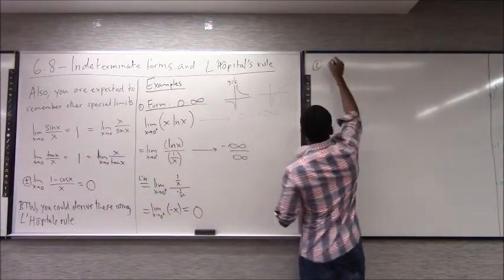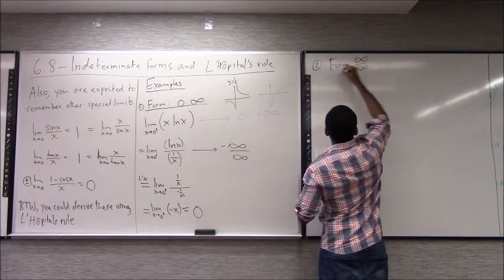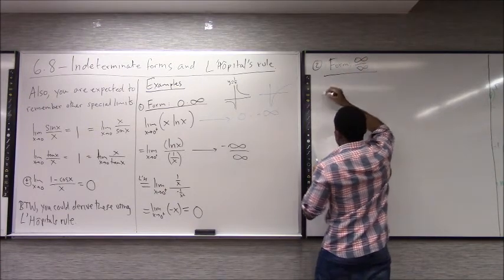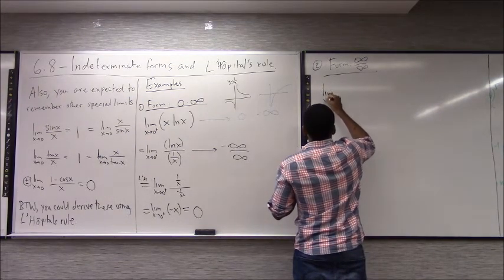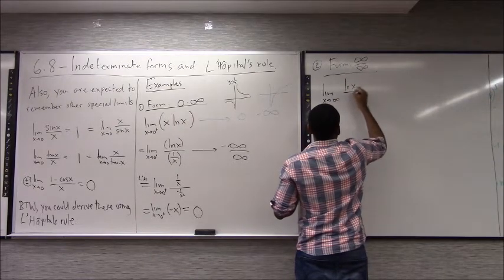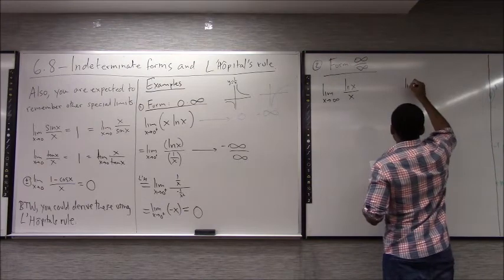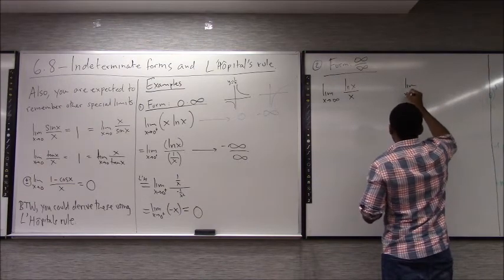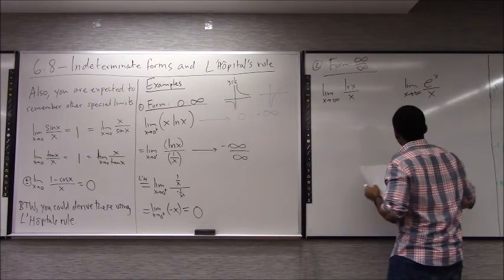Okay, so this is a direct L'Hopital's rule form, infinity over infinity. Let's say I wanted to find the limit as x approaches infinity of ln x over x.